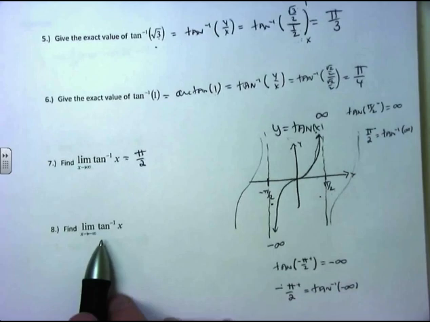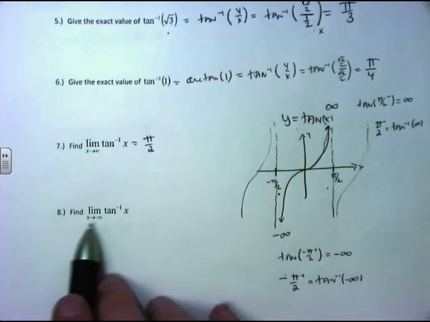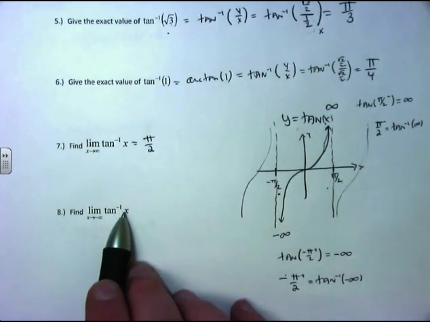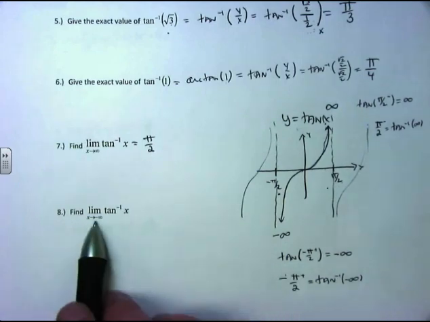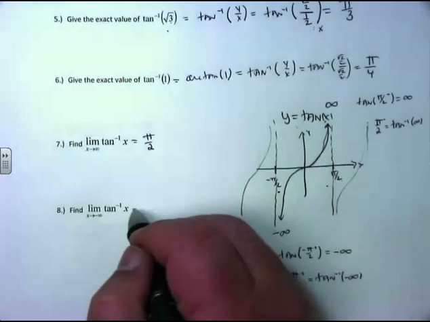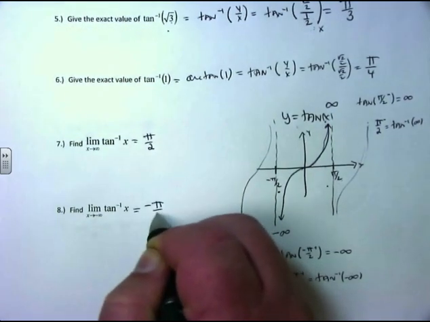So when they ask you the question, what is the limit as x approaches negative infinity of the tangent inverse of x? Well, what angle do I get when I take the tangent inverse of negative infinity? The answer is going to be negative pi halves.